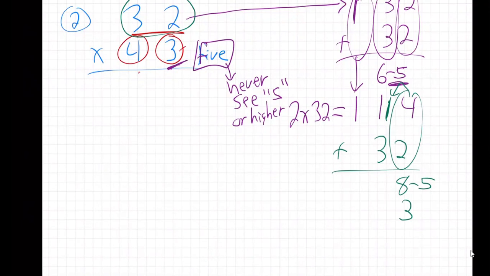Wait, if we're adding, wouldn't that be 6, not 8? Oh, you're right. What am I doing? I'm being crazy. Thank you. It is 6. But anyway, we can't have a 6.